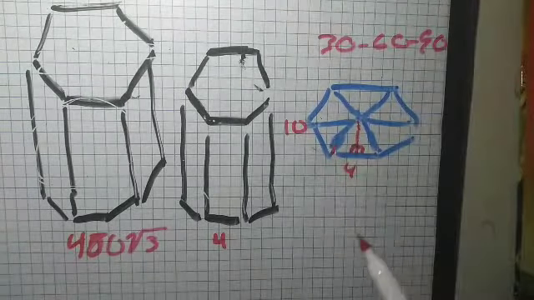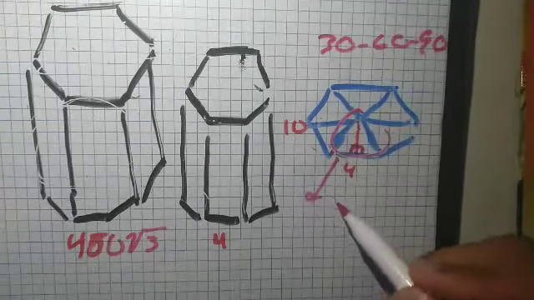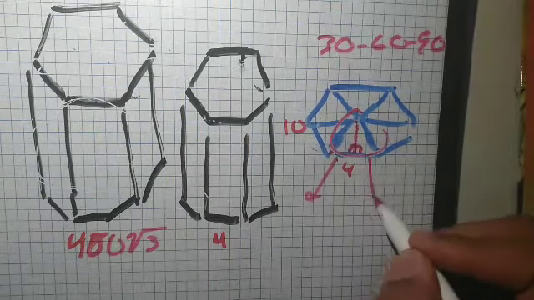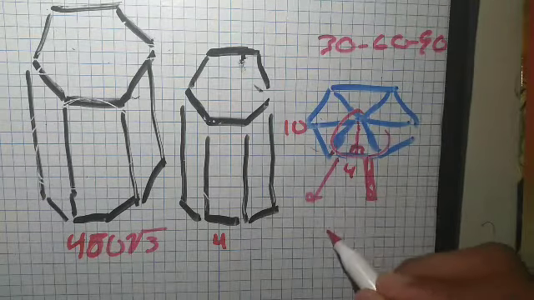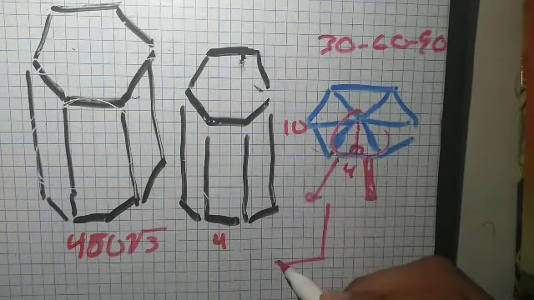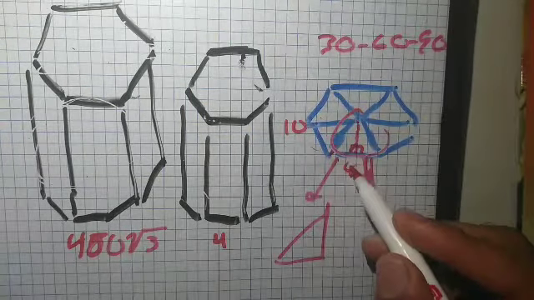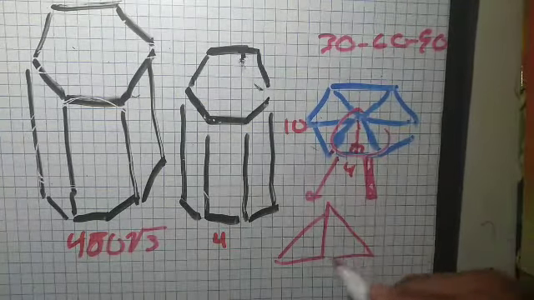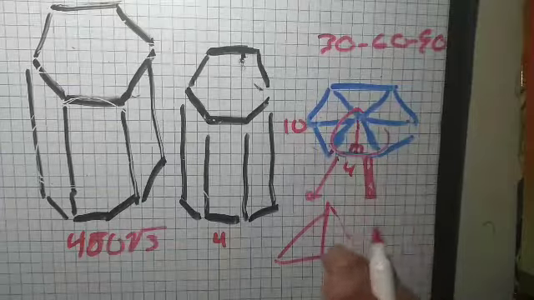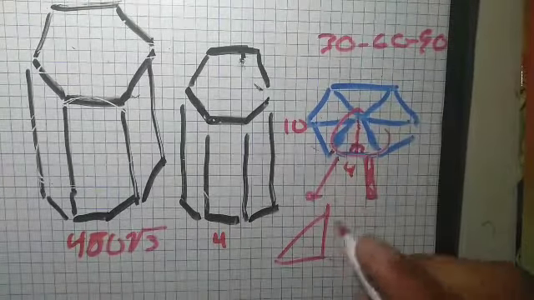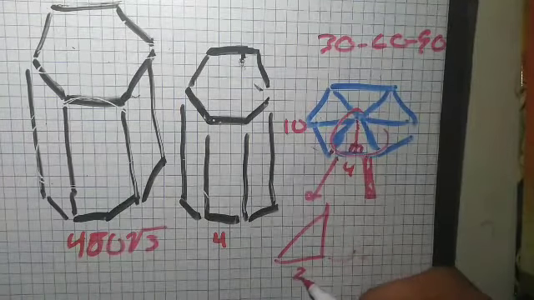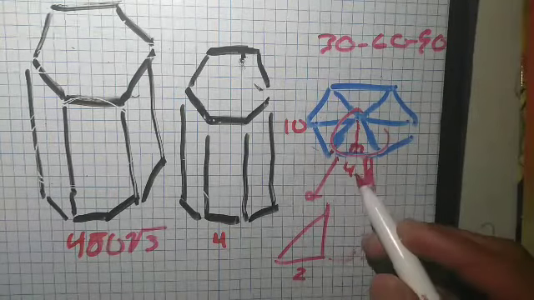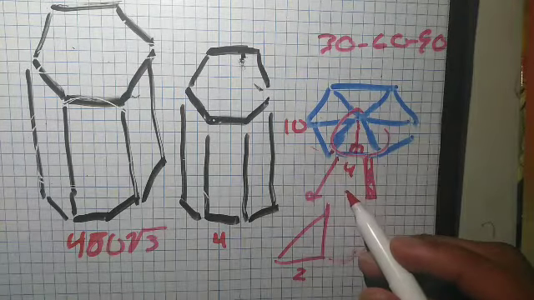Let me magnify this. What we have over here is half the base, because 2 of these triangles together make an equilateral triangle. So we have half the base, which is 2 in this case, because the full base is 4.